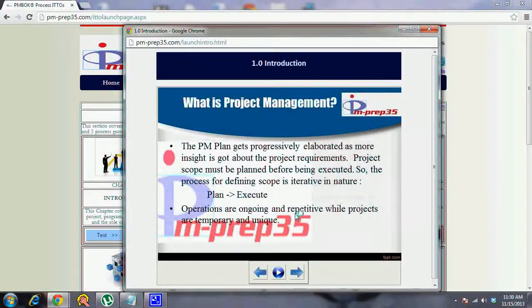So that's where it's ongoing and repetitive in case of operations. But projects are temporary and unique because you do it for a specific customer, a specific purpose, for a specific context. So that's where the uniqueness is derived. And it's temporary basically because you have a definite beginning and ending to put the process or the operation in place.